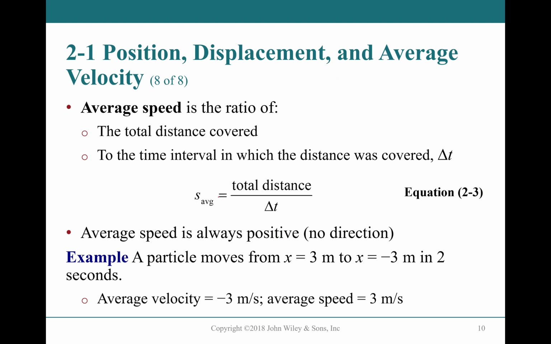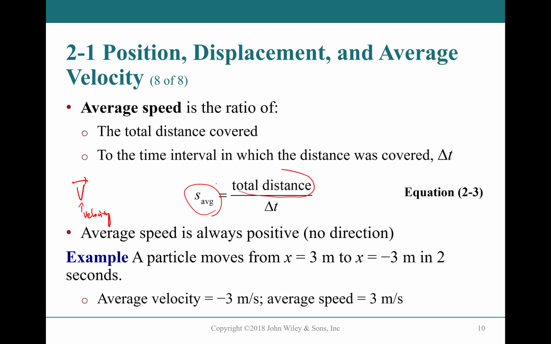So here it's S average. Usually V represents velocity, and then you are going to see the S here. S here represents the speed. So speed equals total distance divided by travel time.